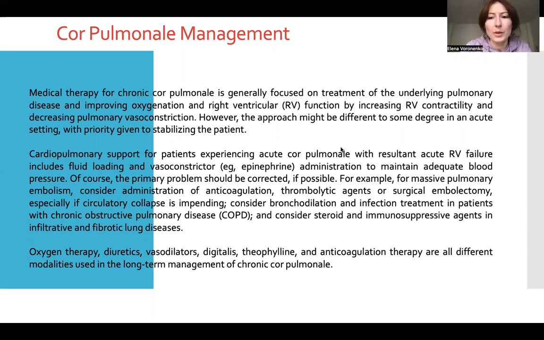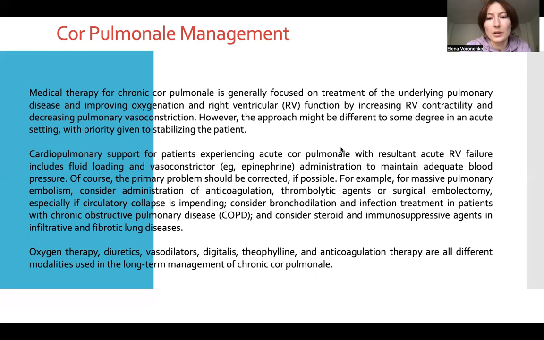For example, for massive pulmonary embolism, consider administration of anticoagulation, thrombolytic agents or surgical embolectomy, especially if circulatory collapse is impending.